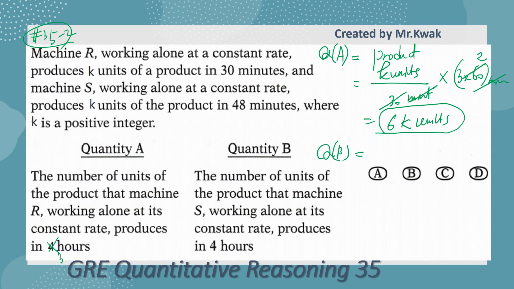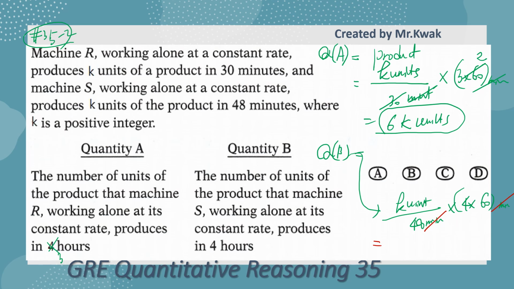Even though we already know the number, let's do it again. K units divided by 48 minutes multiplied by 4 hours, which means 4 multiplied by 60, so 240 minutes. I'm going to use a different color because it's obscure.